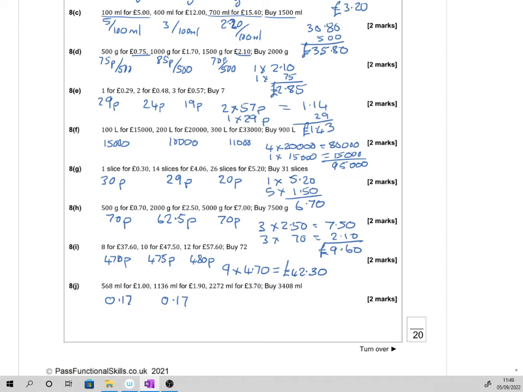And 370 divided by 2272 is 0.16. So that's the cheapest, isn't it?